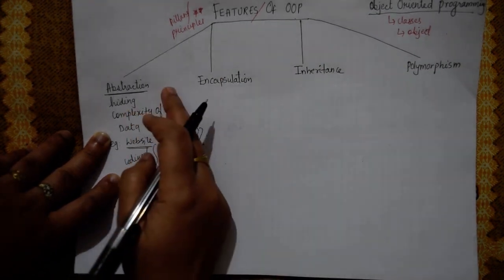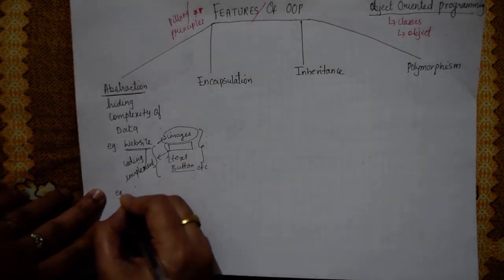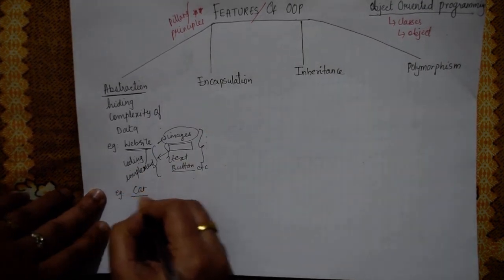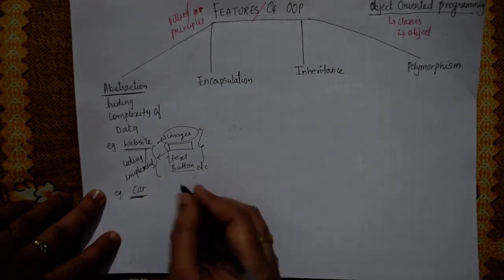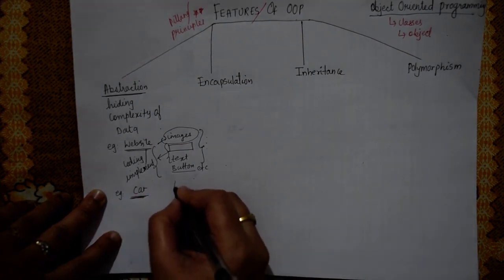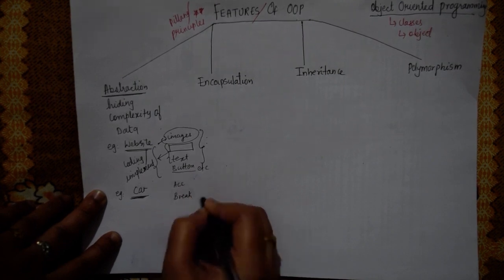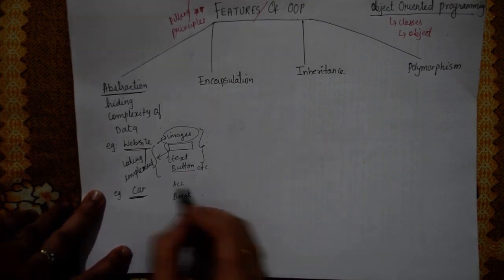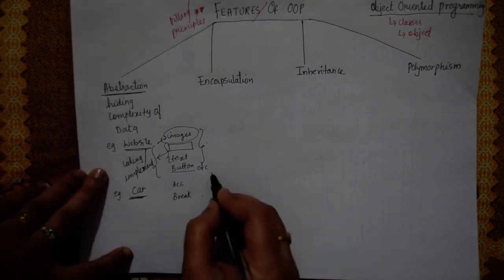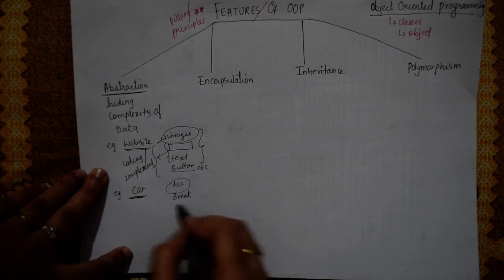Okay, you can take one more example, car. In a car, the driver only needs to know the basic functionalities of accelerator and brake. He doesn't need to know how the speed is increasing when he presses the accelerator and how the speed is decreasing when he presses the brake. Correct?